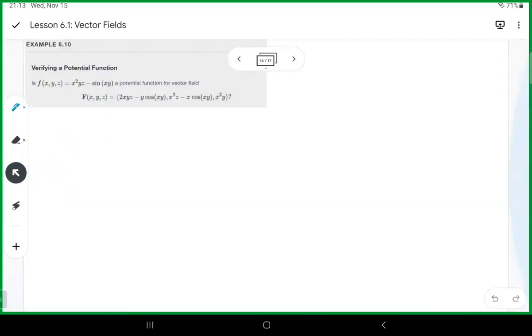So it says verifying a potential function. If we're given the following, a potential function for the vector field, is it?